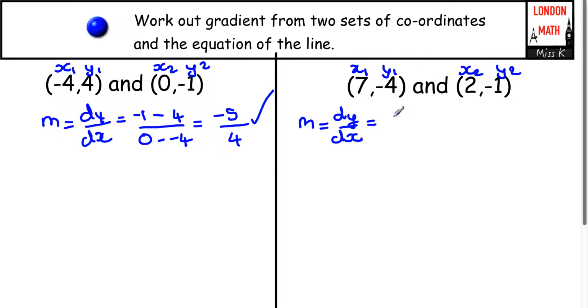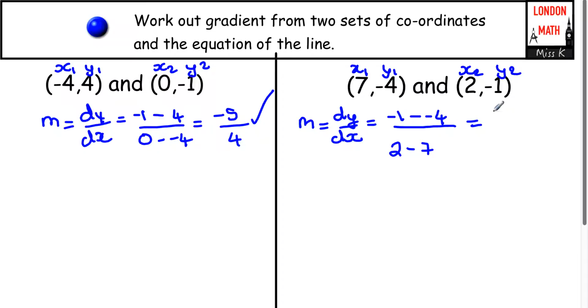So the difference of y, we start off with y2 first, subtract our negative 4, so we've got a double negative there, over x2, subtract 7. So what we have over here is negative 1 subtract negative 4.